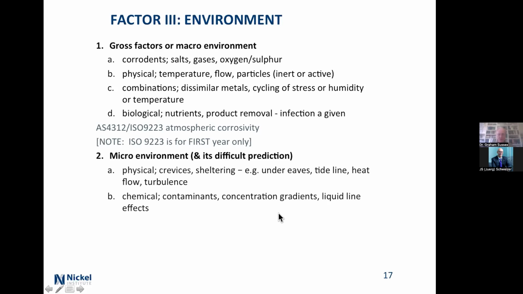As it is heated up and cooked, you may find there are various concentrations. This is more an issue perhaps with wetting and drying, or under bolt heads, for instance. If it's not sitting down, you get water going in, it dries out, the next lot of water comes in, bringing more salts, and that sort of crevice can be a problem. And liquid line, I've talked about that briefly before.